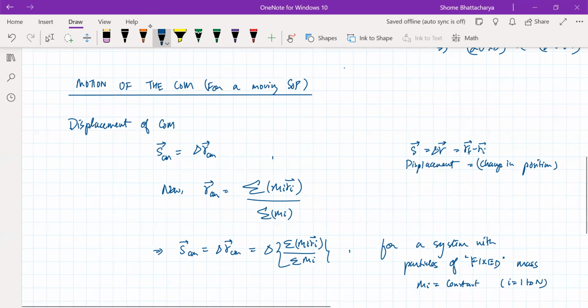So therefore, when we apply this change formula, it becomes summation of m into delta ri divided by summation of m.